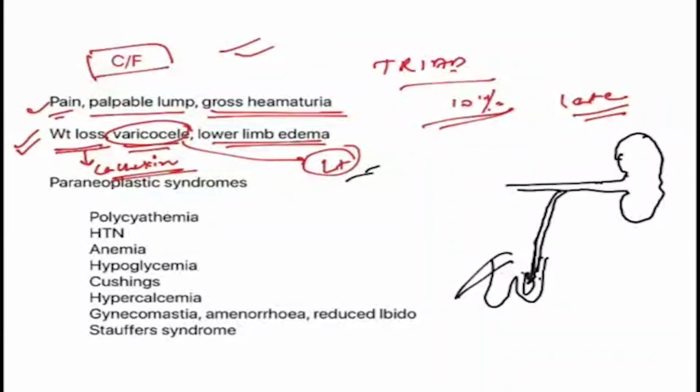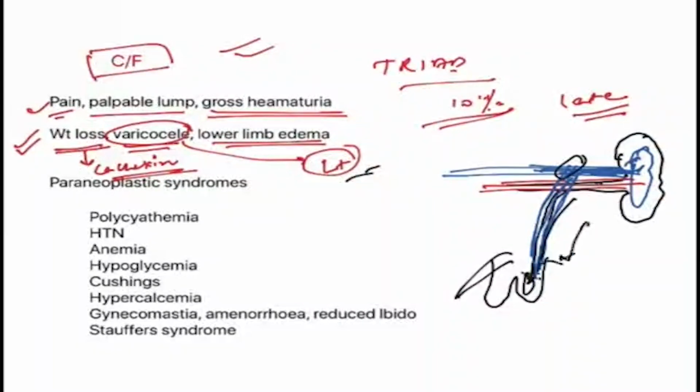Varicocele is most commonly seen on the left side in RCC. The cause of varicocele on the left side is the left renal artery and left renal vein. The gonadal vein on the left side drains into the left renal vein, and when renal cell carcinoma progresses into the renal vein, this area gets obstructed, and due to this back pressure the varicocele is present.